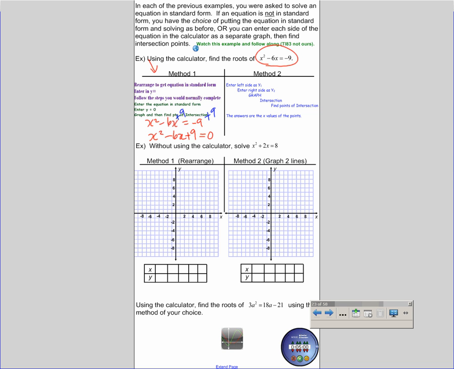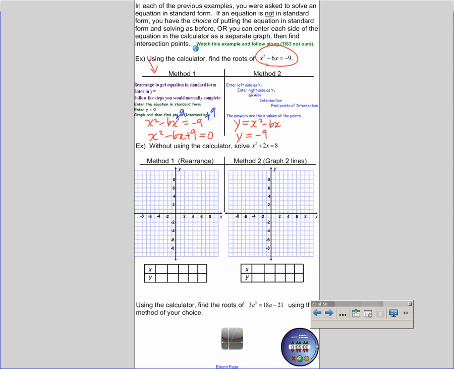I would graph that and graph y equals 0 and find the points of intersection, just like what we had done. The other way you could do it is to graph each half. So you're going to make a graph for y equals x squared minus 6x, and instead of the second graph being y equals 0, you're going to graph the other side of the equation, y equals negative 9.